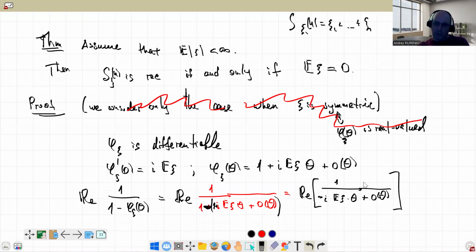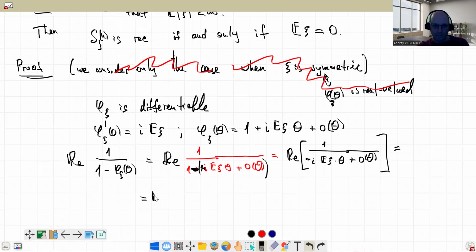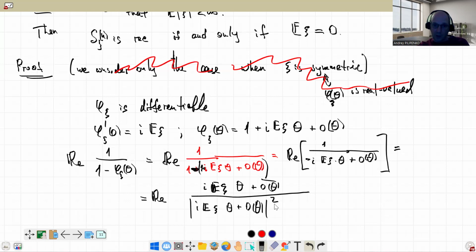So generally, we obtain this expression. Well, we have O small here, but let us multiply and divide by the conjugate number: expectation of psi theta plus O small of theta conjugate, and the denominator is the absolute value squared of I times expectation of psi theta plus O small of theta.